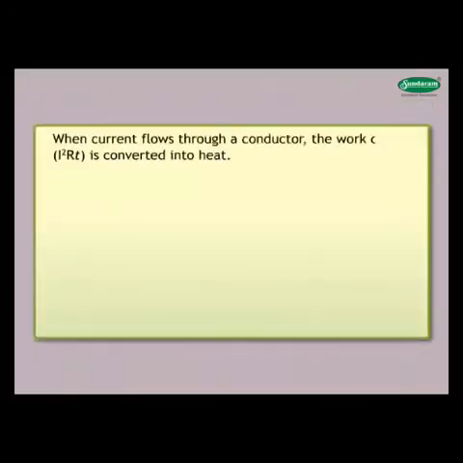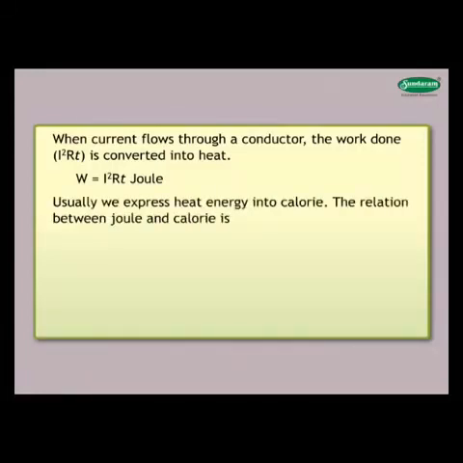When current flows through a conductor, the work done I square Rt is converted into heat. W is equal to I square Rt joule. Usually we express heat energy in calories. The relation between joule and calorie is 4.18 joule is equal to 1 calorie.